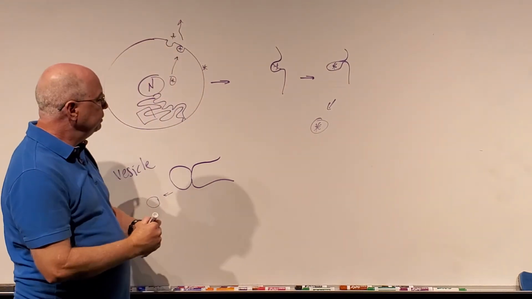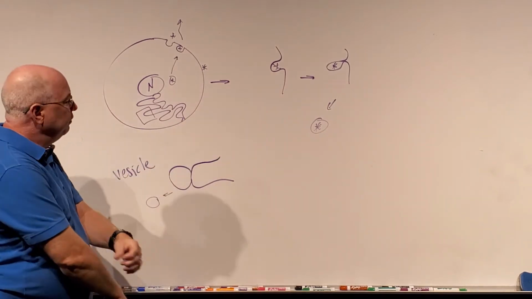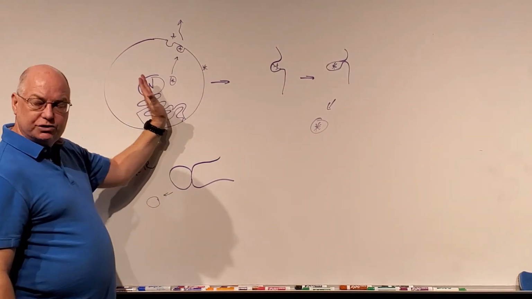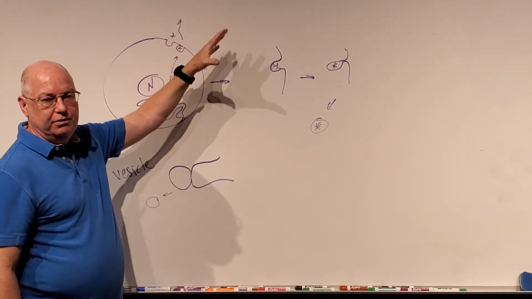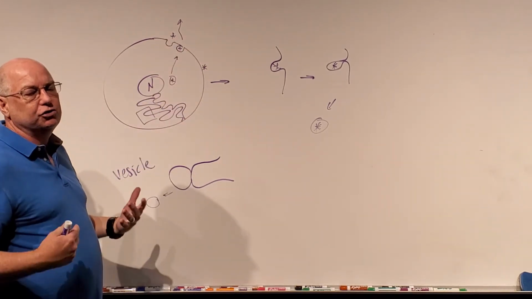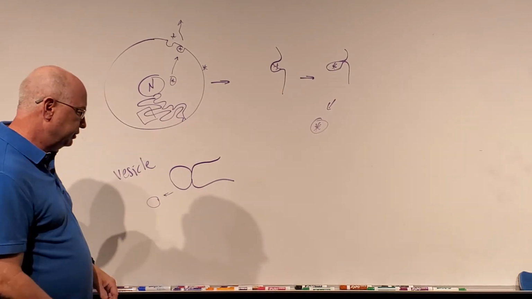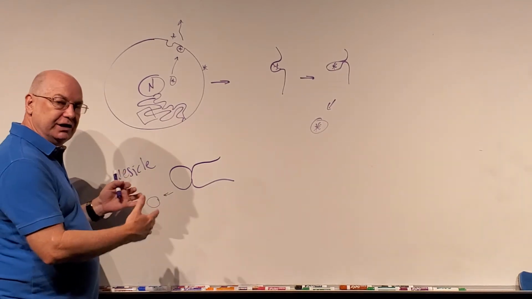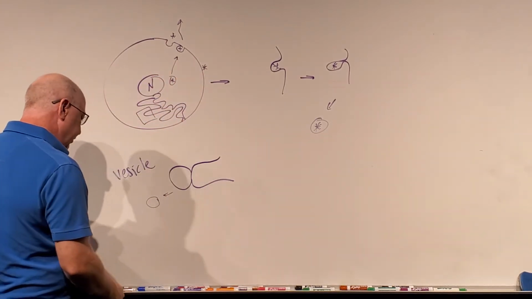So when things bump into our cell, sometimes the cell can take them into a vesicle. And when things need to exit the cell, we have secretory vesicles that carry the substance to the cell membrane and release it. This is called vesicular transport, moving things around using these vesicles. Now, it looks like it's kind of random movement around the cell, and that's not really true.